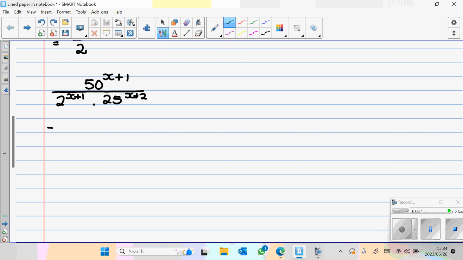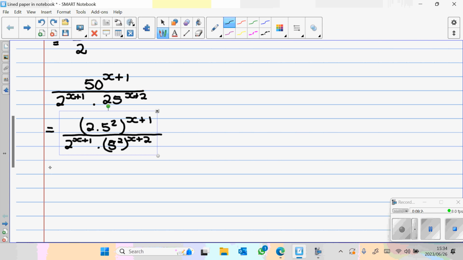Now remember, only those that are not prime numbers. So in this case, it means 50 and 25. Now 50 would give you 2 times 5 squared to the power of x plus 1 over 2 to the power x plus 1 times 5 squared to the power of x plus 2.